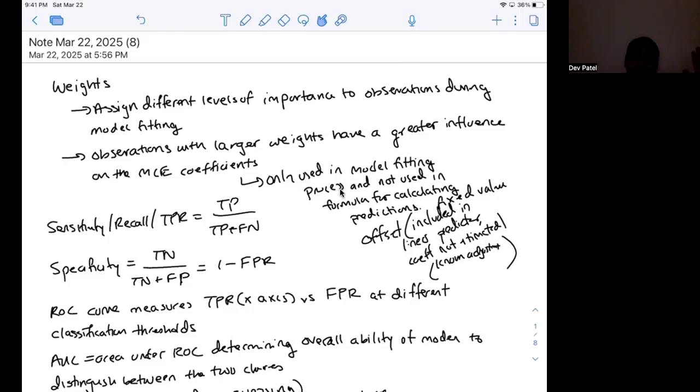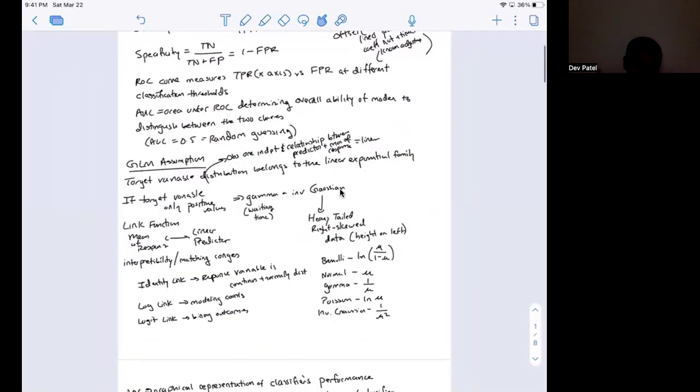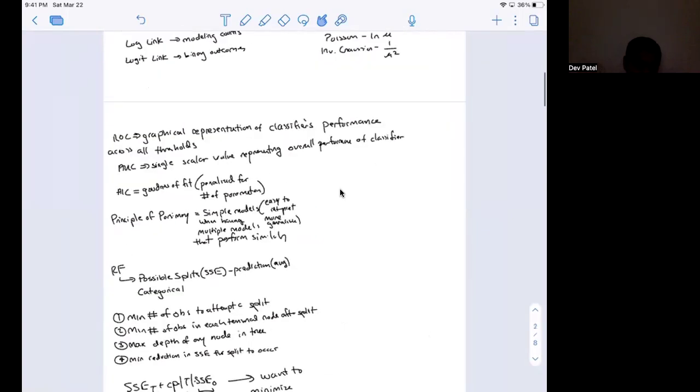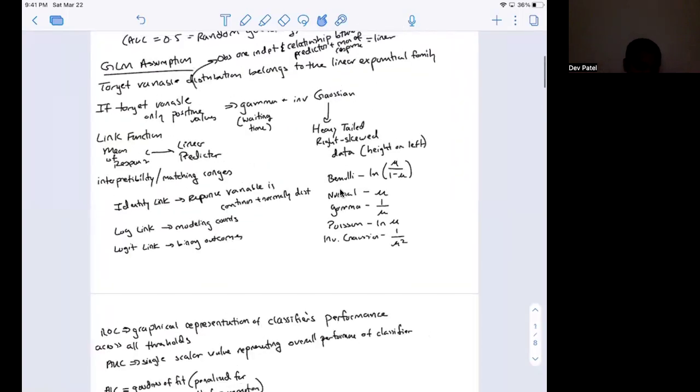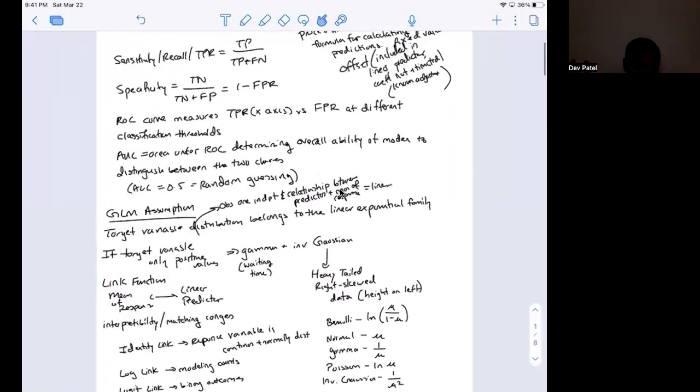And then one of the differences between ROC and AUC is that AUC represents the area under the curve. So it's a scalar quantity, a single number that represents the ability of a model to distinguish between positive and negative classes, whereas ROC is more of a graphical representation of the performance of the model. And so those are the two main differences.